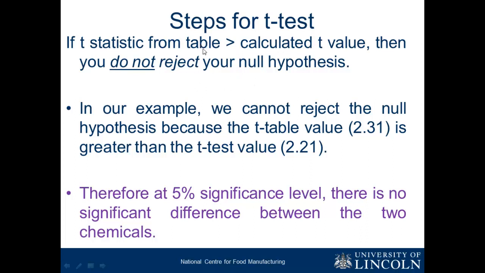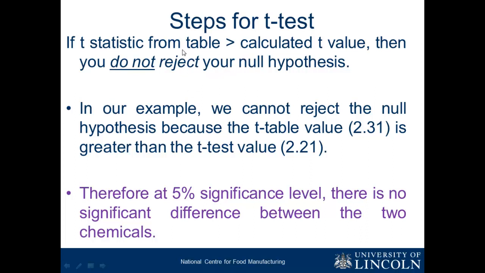That means you accept your null hypothesis. But if it is the other way around, if the t-statistic from the table is less than your calculated t-value, then you accept your alternative hypothesis. What that means is that you reject your null hypothesis. So if you do not reject, then you accept your null hypothesis. That is what it means.